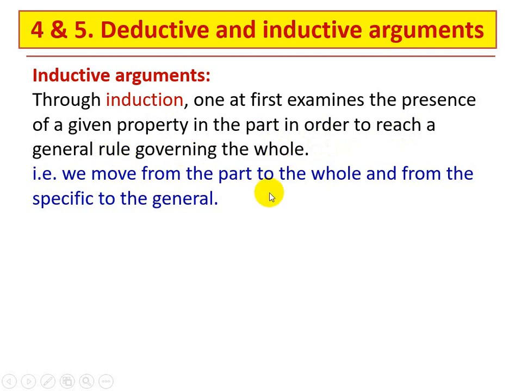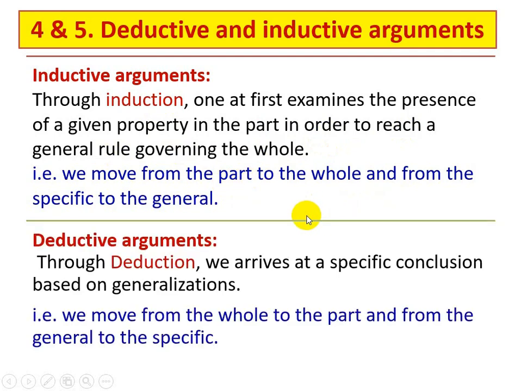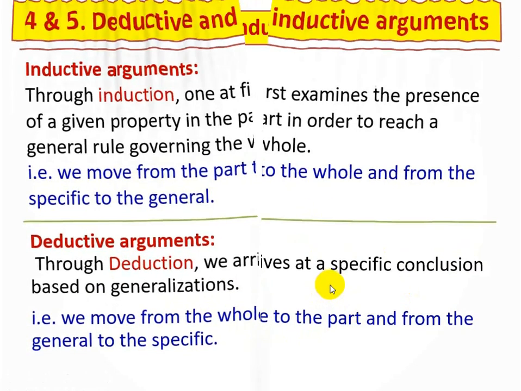I mean, we move from the part to the whole and from the specific to the general. But in case of the deductive argument, we arrive at a specific conclusion based on generalizations. I mean, we move from the whole to the part and from the general to the specific.